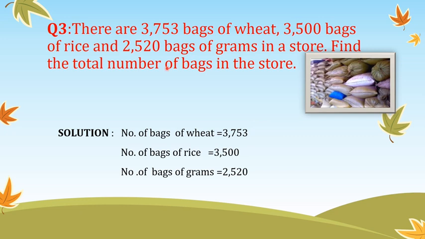Now the fourth part is your question. Box the question which we have done. So that says find the total number of bags. Therefore total number of bags equals, we will add all the 3 addends, 3753 plus 3500 plus 2520.